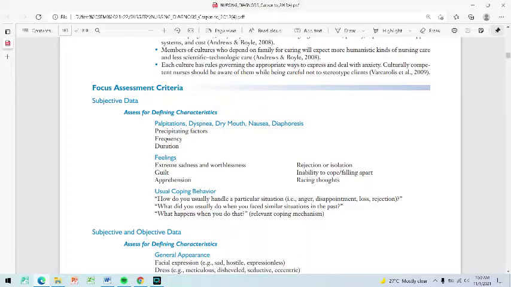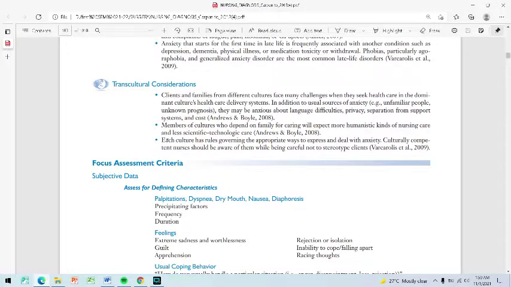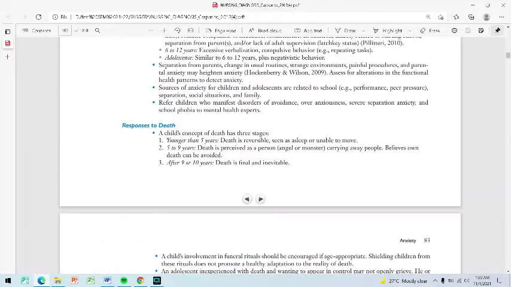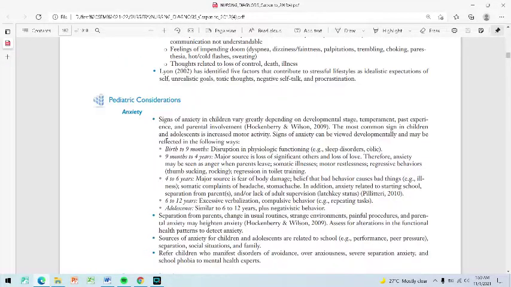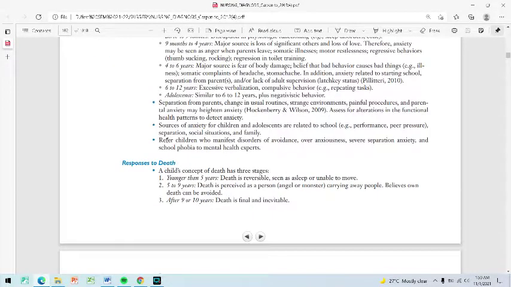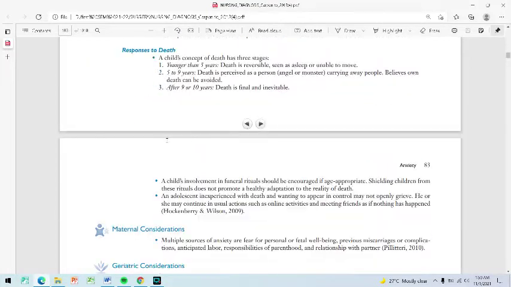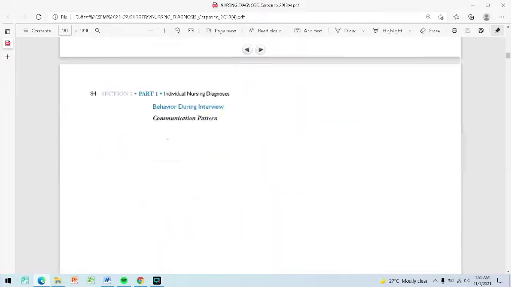So, there is no dependent nursing function for anxiety. So, this is manageable by therapy.